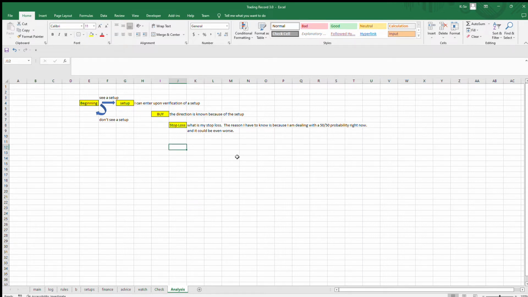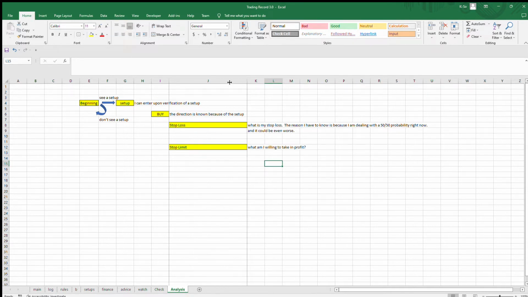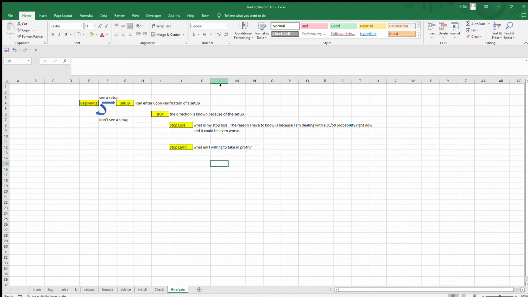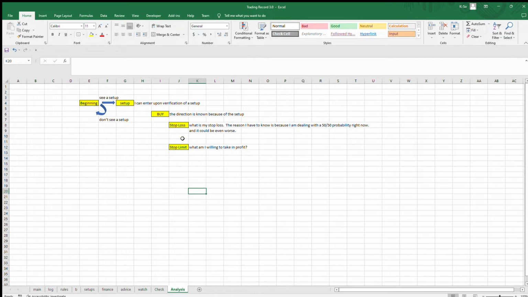The second part is the limit. What am I willing to take in profit?